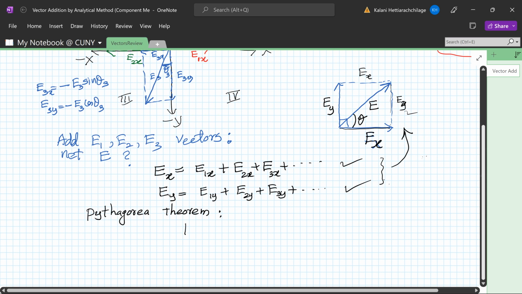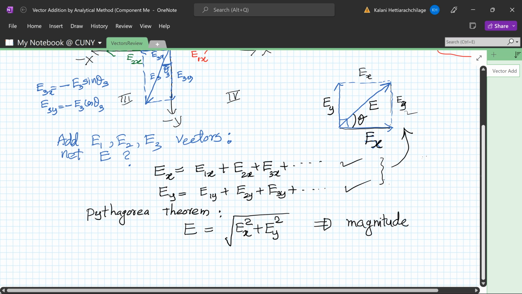The hypotenuse is the one that I call E in the diagram. That will be equal to the square root of EX squared plus EY squared. This will give you just the magnitude.